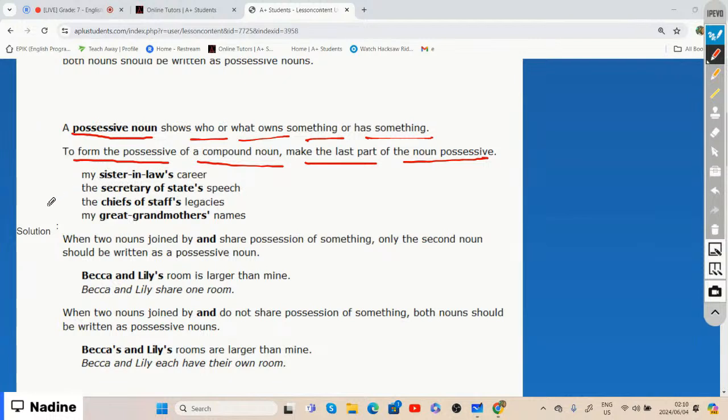So whose career is it? It is my sister-in-law's. We don't say my sister's, we say my sister-in-law's. So the last part of the noun shows possession, and we put an apostrophe and an S. So it's my sister-in-law's career.